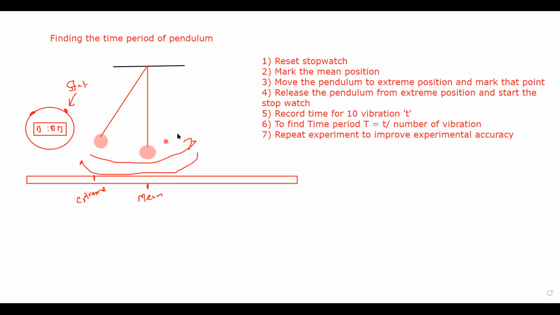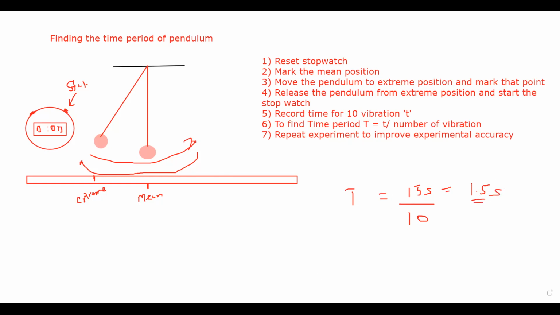This is one vibration, then go and return, second, third, fourth, fifth, sixth, seventh, 8, 9 and 10. For example, the time for 10 vibrations was 15 seconds, but we need the time period. So the total time which we record is divided by the number of vibrations. Here we took 10 vibrations, so 15 divided by 10 comes out as 1.5 seconds.